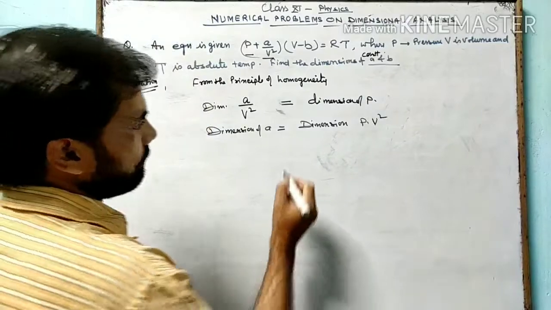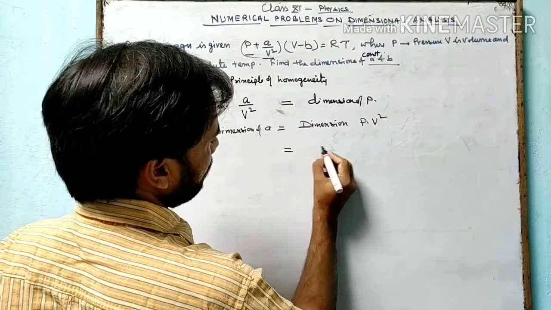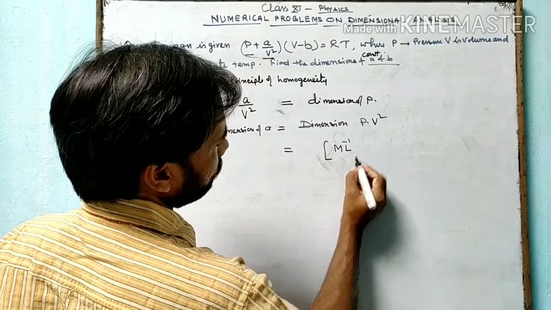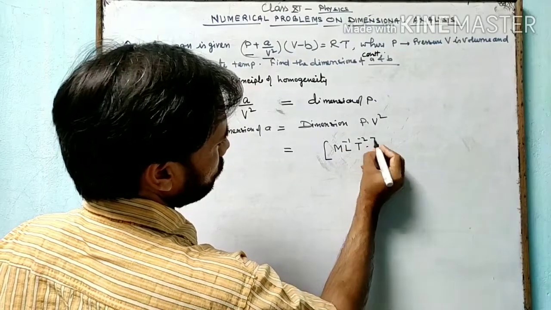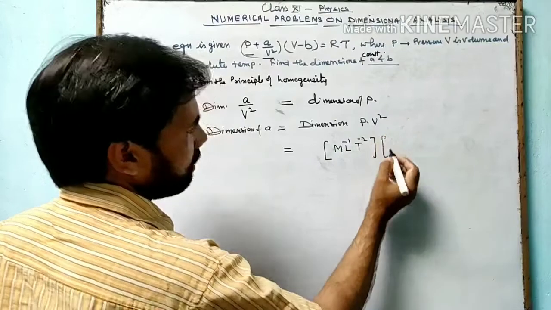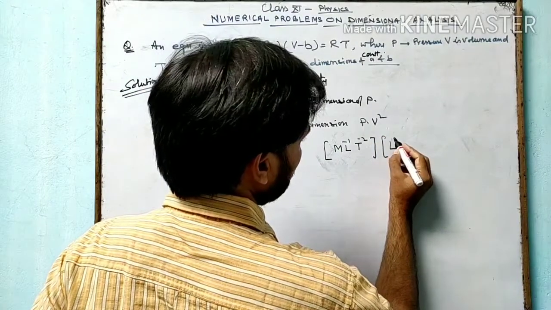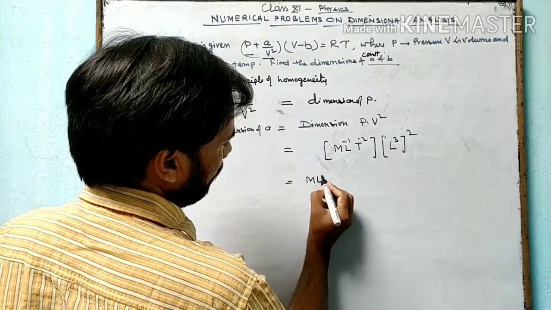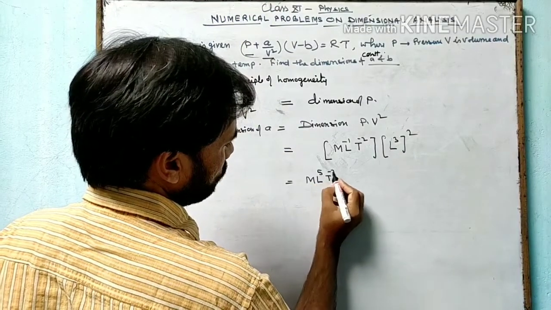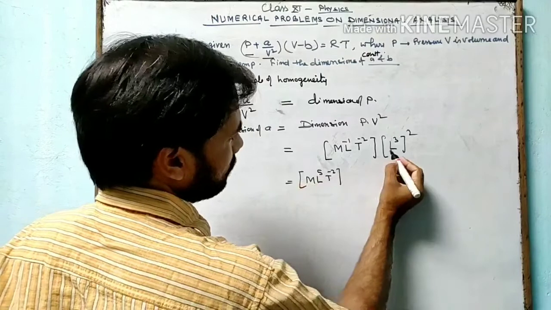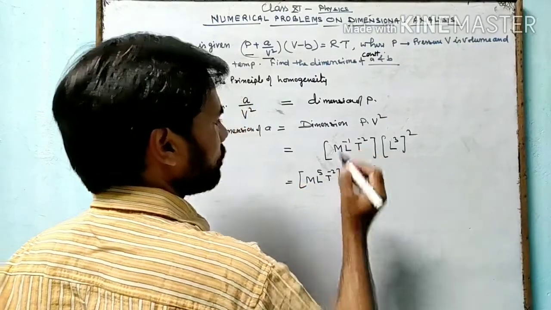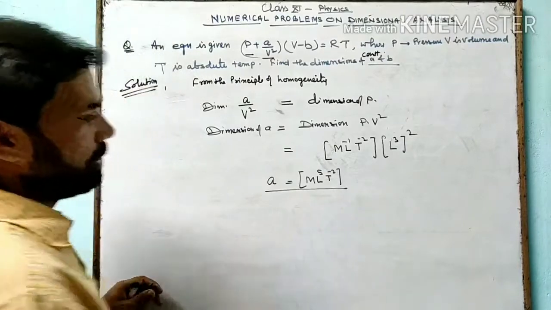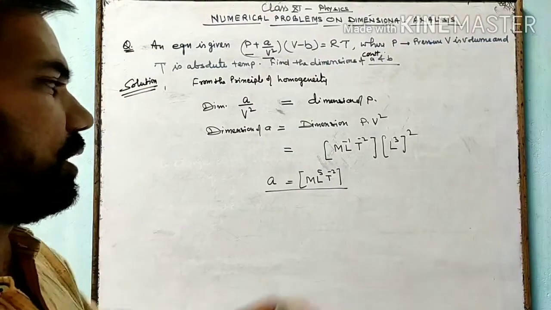As we know, the dimension of P is M L minus 1 T minus 2, into the dimension of V, that is L cube, whole square. So we have M L raised to the power 5 T minus 2. It is L raised to the power 6 minus 1, that is 5. So the dimension of A is M L raised to the power 5 T raised to the power minus 2.